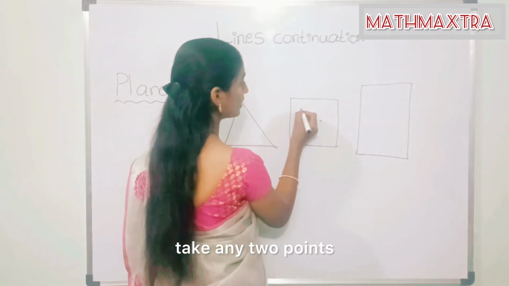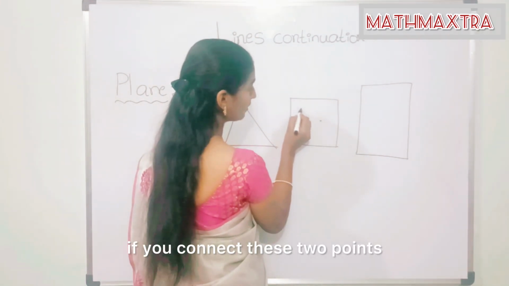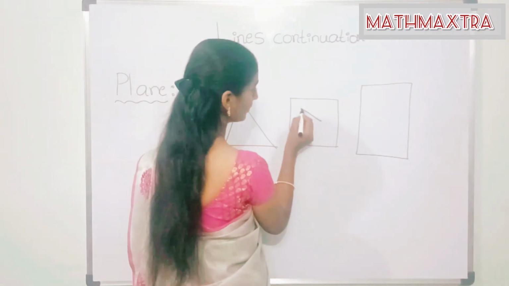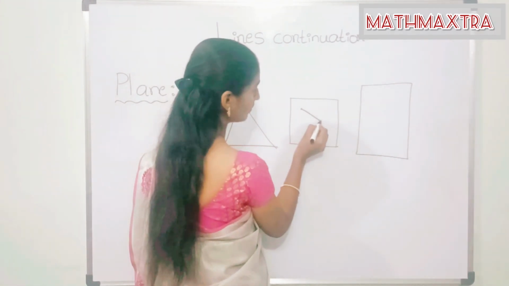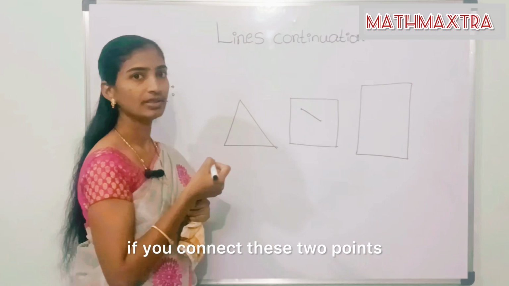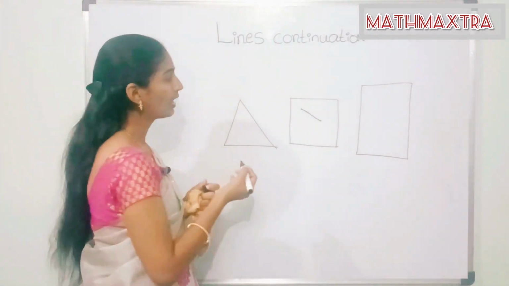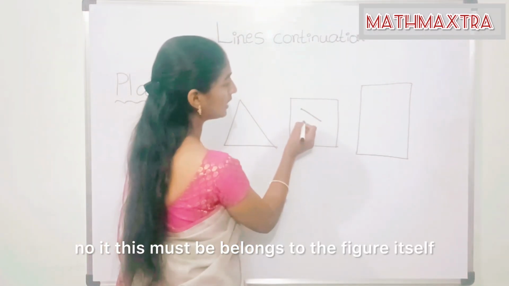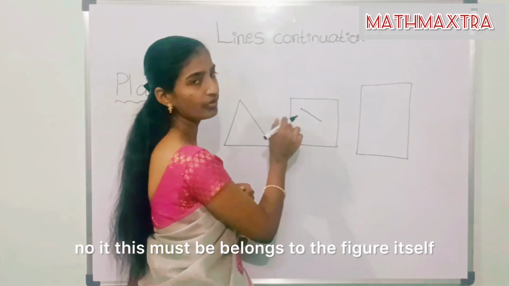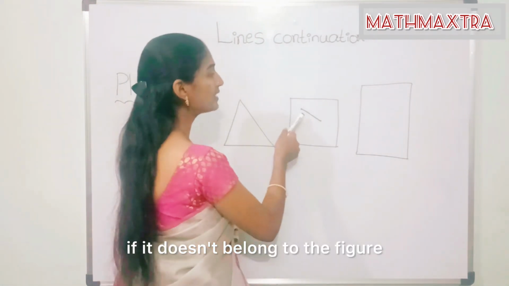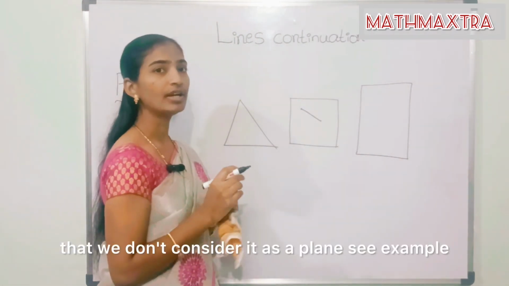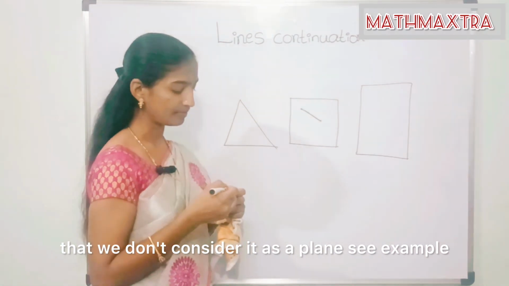Take any 2 points. If you connect these 2 points, the line must belong to the figure itself. If it doesn't belong to the figure, then we don't consider it as a plane.